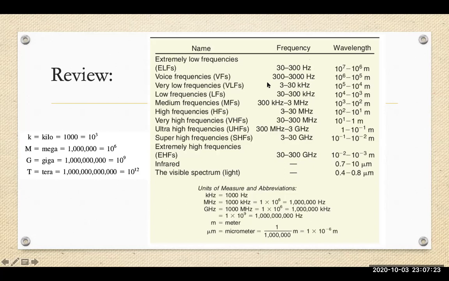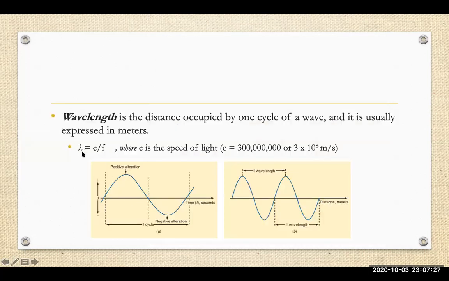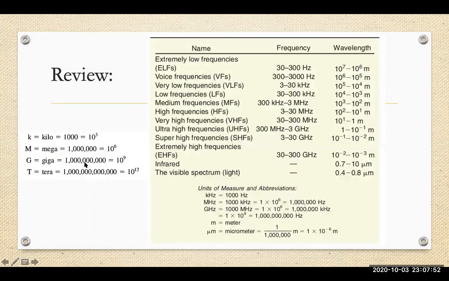If you recall the formula, the wavelength is equal to the speed of light over the frequency. So when the wavelength becomes longer, the frequency decreases. When the frequency increases, the wavelength becomes shorter.